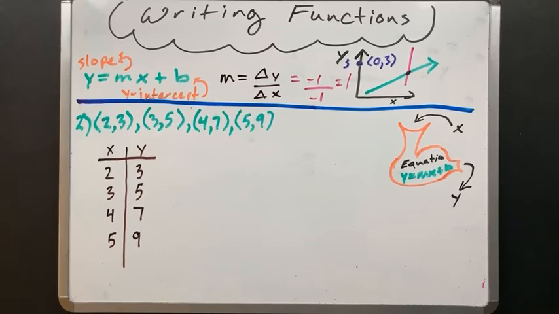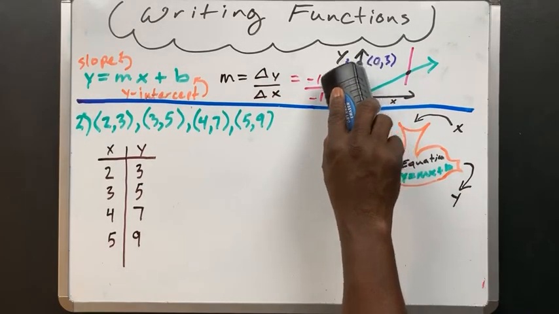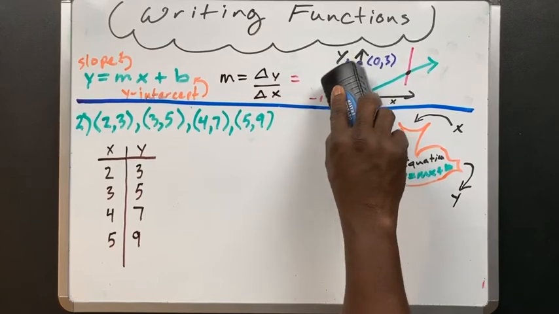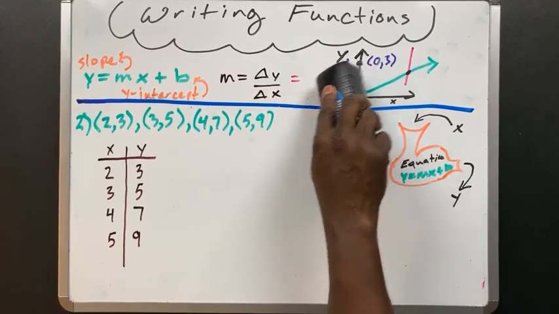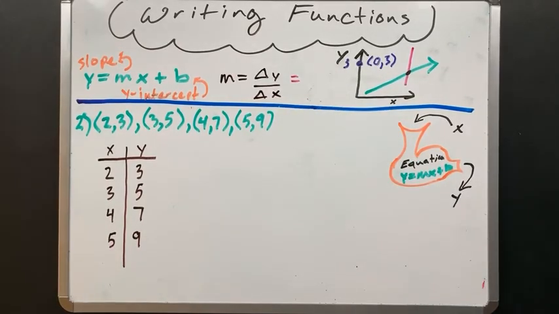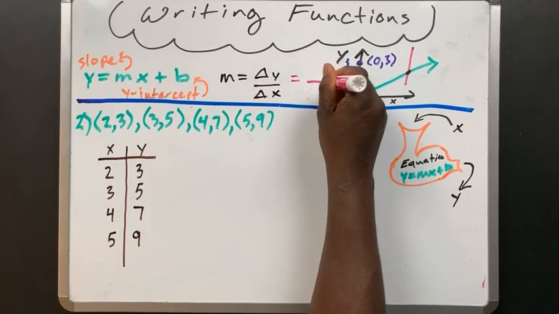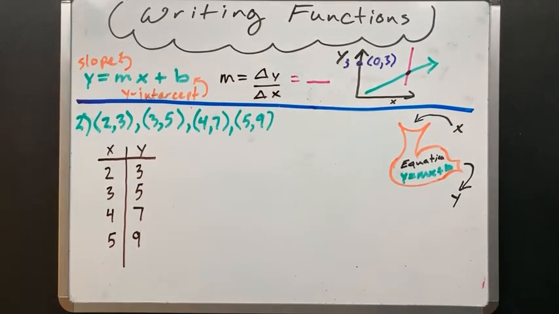Now, remember, we need to find the slope, which is change in y over change in x. So let me go ahead and erase this part so that we can substitute it. Let's go ahead and find the change in y.